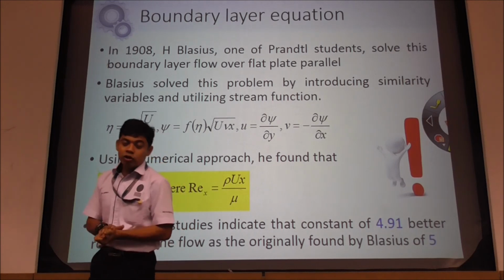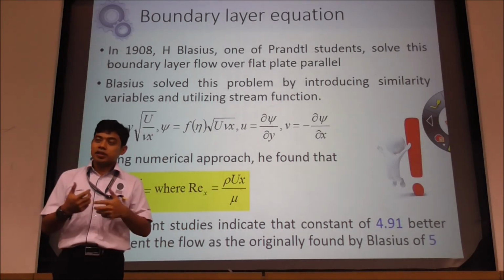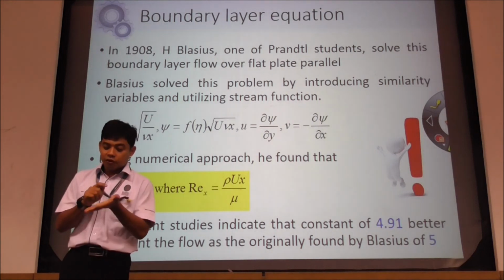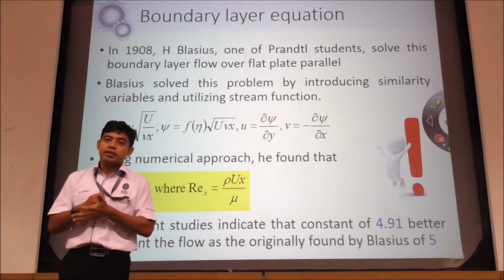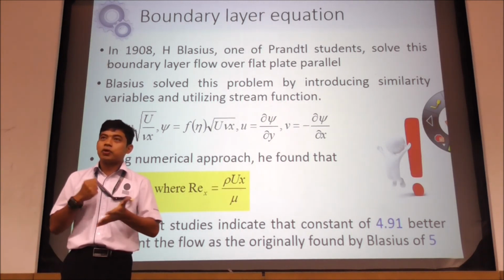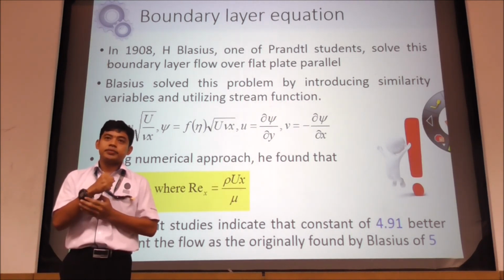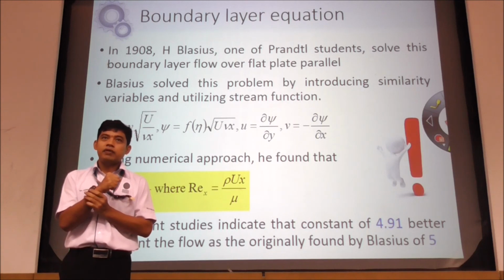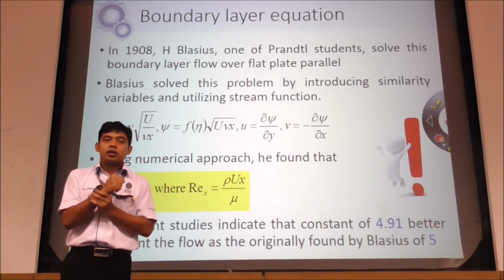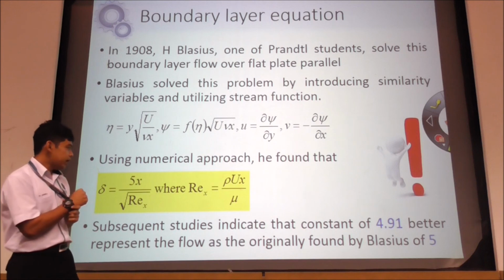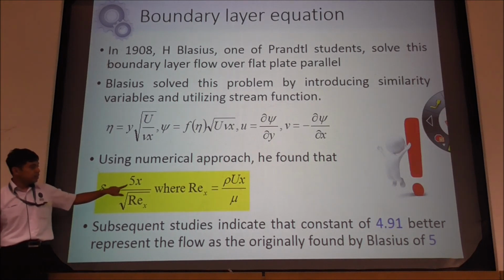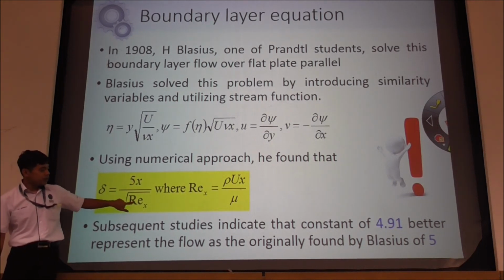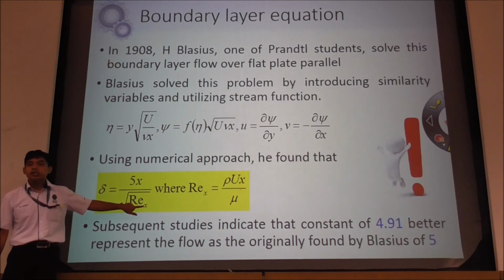Okay, now you will not appreciate it, because if you do it now using your phone, you can solve it. But remember, it was solved in 1908 when even your calculator was not there. Right? Even your calculator was not there. So he solved it, right? He solved it and he found out that delta is equal to 5x over square root of Reynolds number x.